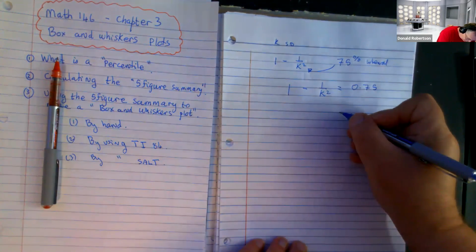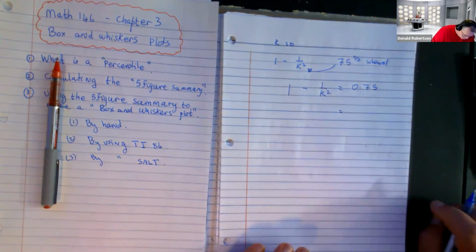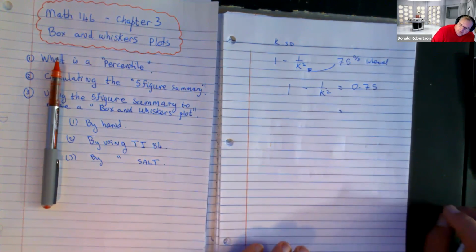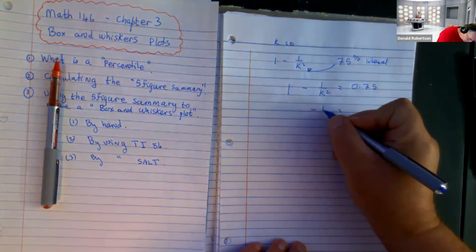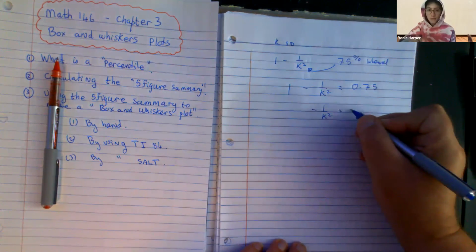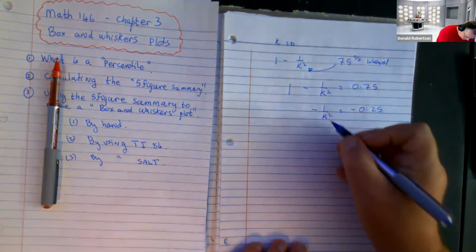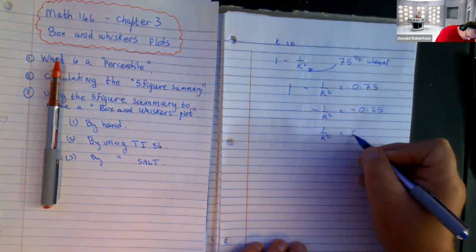You can solve this all sorts of different ways. Any suggestions? I've got one in my head, but maybe you'll come up with a cleaner way. I want to find k. What could I do here? Okay. I will subtract 1 from both sides. I will get rid of the negatives from both sides.